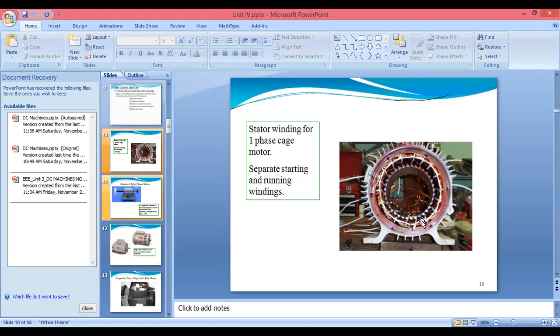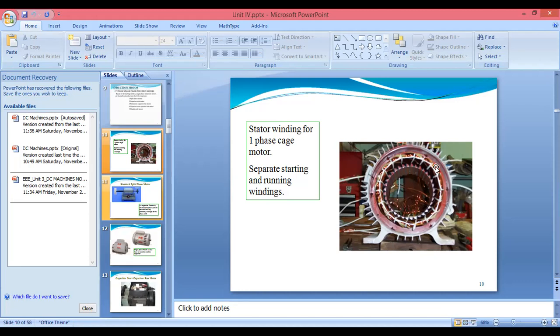The frame of a three-phase induction motor should be very strong and the air gap should be very small, because otherwise it will give rise to unbalanced magnetic pull, and its main function is to support the stator and the field winding.